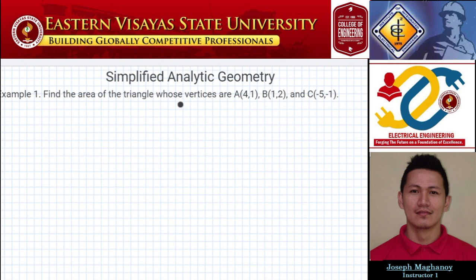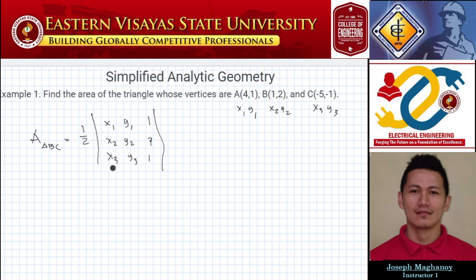If these are x sub 1, y sub 1, x sub 2, y sub 2, x sub 3, y sub 3, let's directly substitute to the formula. Our area for ABC is equal to 1 half the matrix form of your x sub 1, y sub 1, 1, x sub 2, y sub 2, 1, x sub 3, y sub 3, 1.